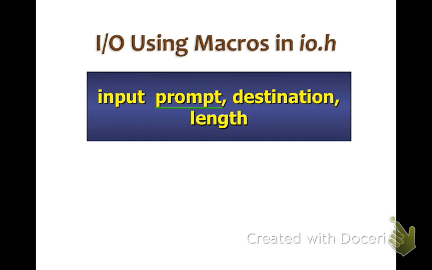So it generates a dialog box with the label specified by prompt, where prompt refers to a string in the data segment. When OK is pressed, or enter is pressed, up to length number of characters are copied from the dialog box to the memory in destination. Okay?